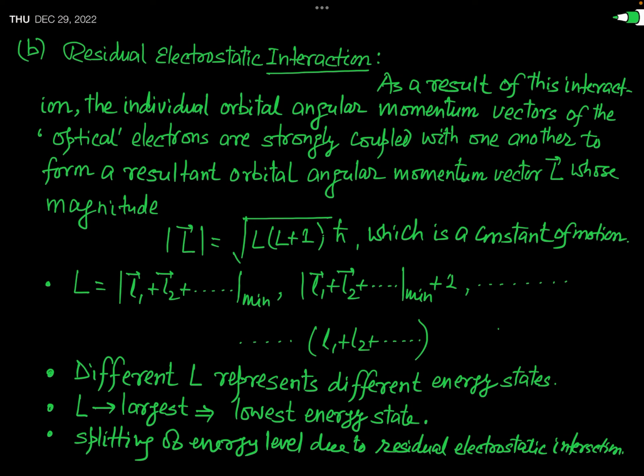Now we will consider the second perturbation to determine the LS coupling. The second perturbation is called residual electrostatic interaction.